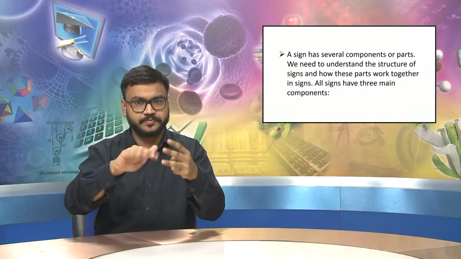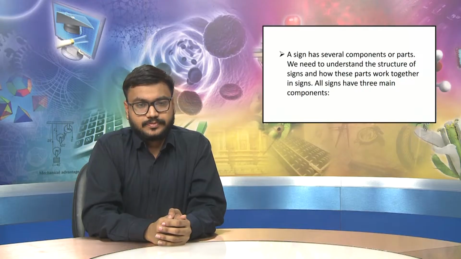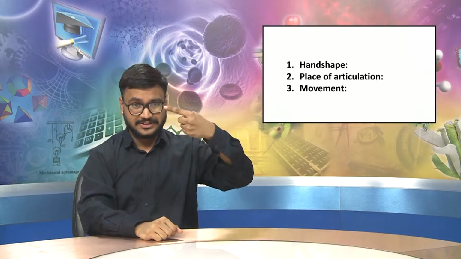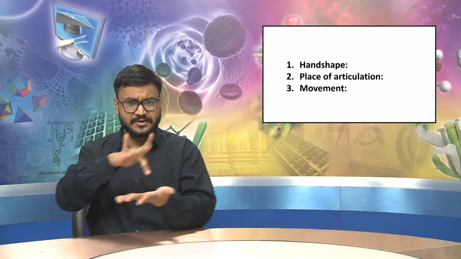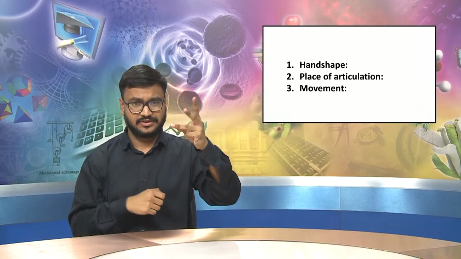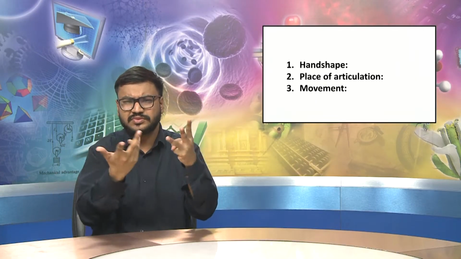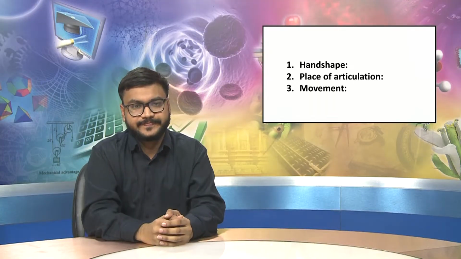All signs have three main components. First is hand shape. Second is place of articulation. Third is movement. Let's explain.